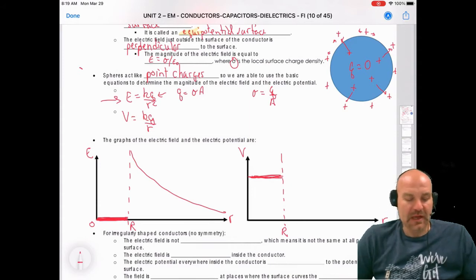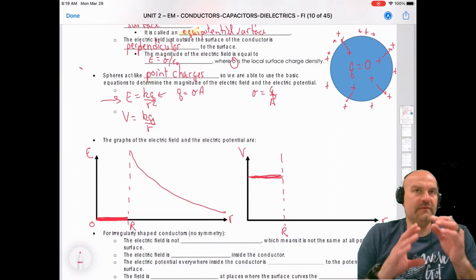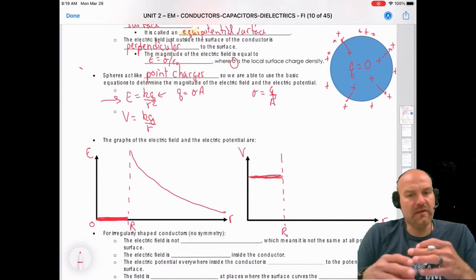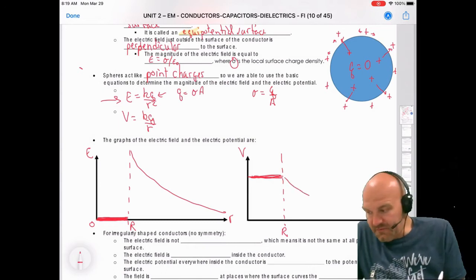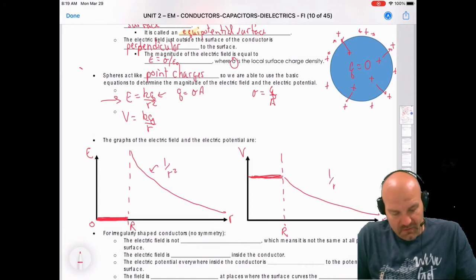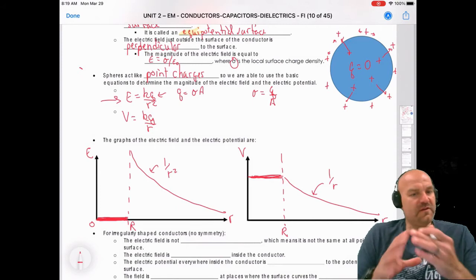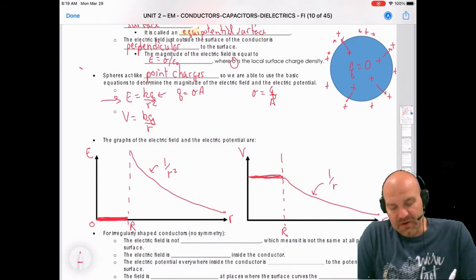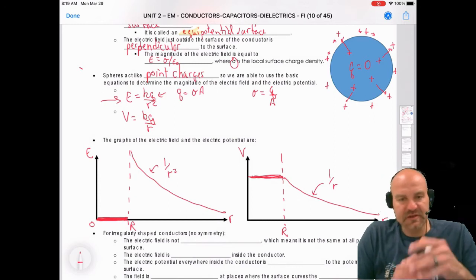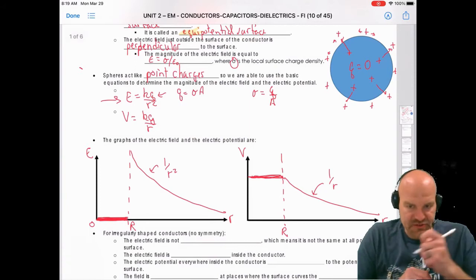And if you remember, to get V from E, you're going to take the integral, right? The integral of zero is a constant value. Okay. And then this one varies by 1 over r squared, and this one varies by 1 over r. I apologize if they look very similar, but just understand that the potential graph will start at whatever the voltage is and drop from there.